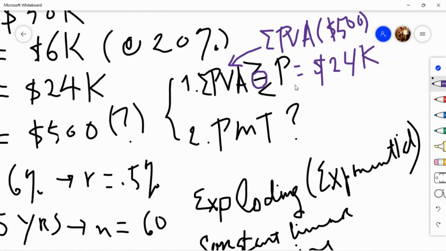But if it is not equal, if the present value of all those annuities is greater than the principal, then you are being overcharged. You are being ripped off. If the present value of all those annuities is less than the principal, you are undercharged, or you're ripping them off.